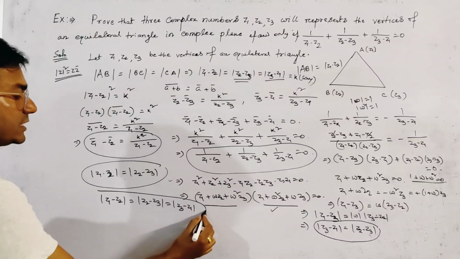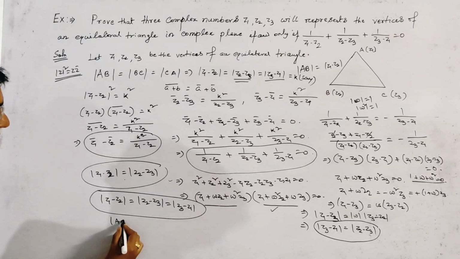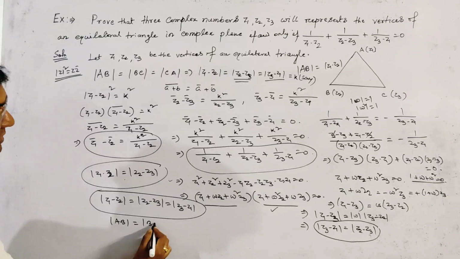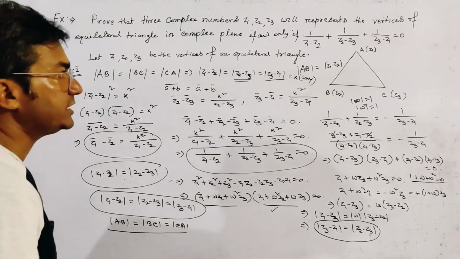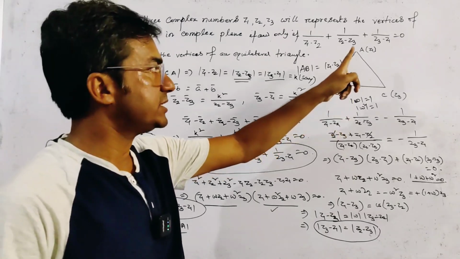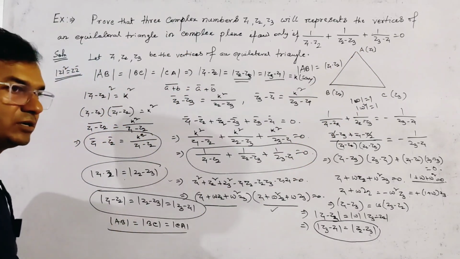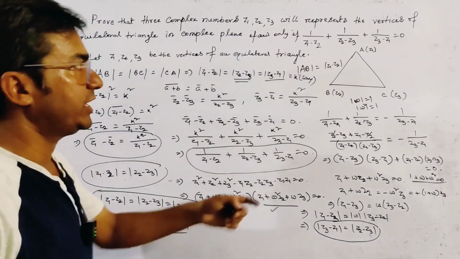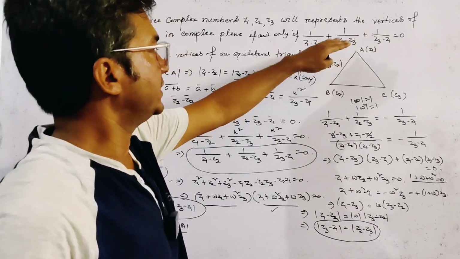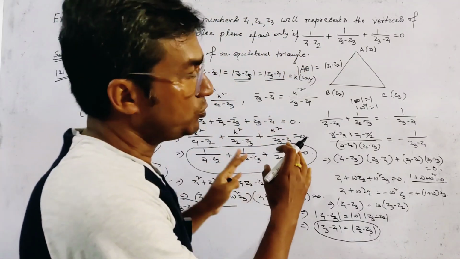Since these three are equal, mod of AB equals mod of BC equals mod of CA. That is, the lengths of the three sides of the triangle with vertices ABC are equal, so this triangle must be equilateral. So if this relation holds, the triangle must be equilateral, and this is the complete proof of this problem.